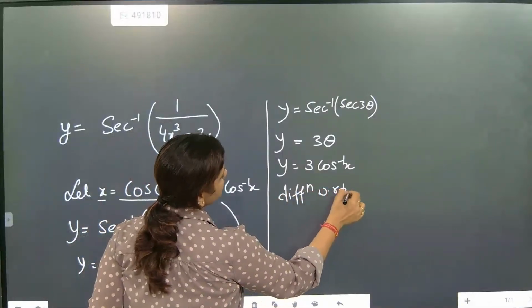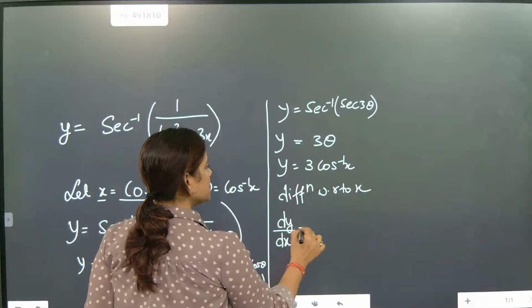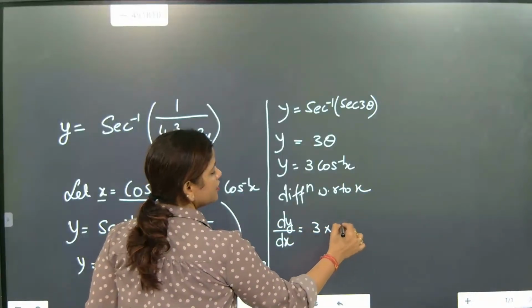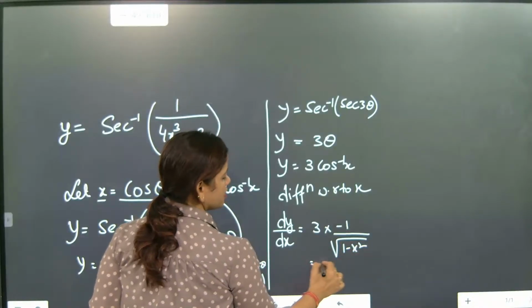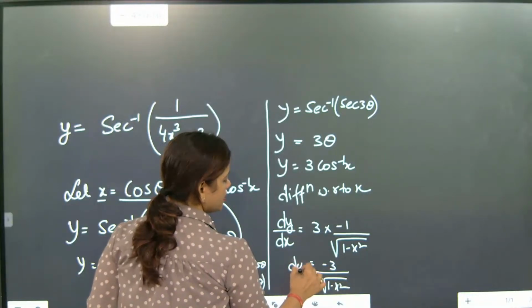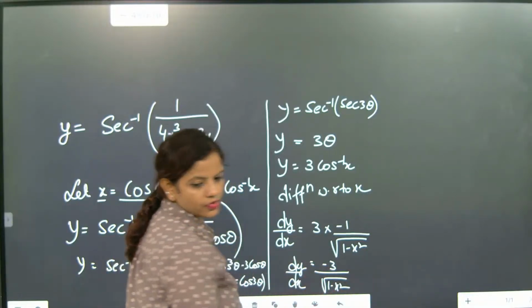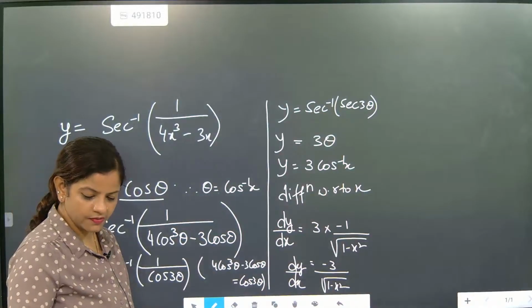Differentiating with respect to x, dy by dx is equal to 3 into minus 1 by root under 1 minus x square. So dy by dx is minus 3 by root under 1 minus x square. Story over. Like this we can solve. Yes, Peter, absolutely correct.